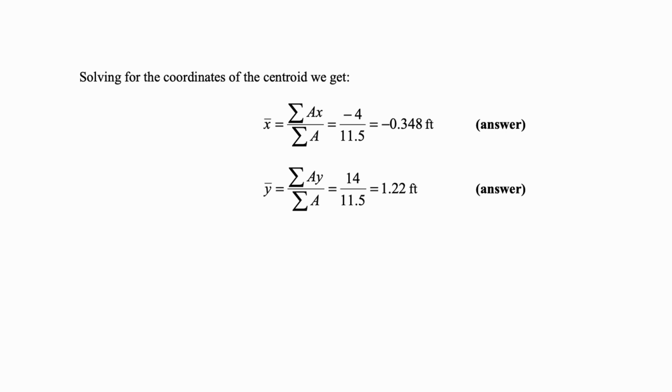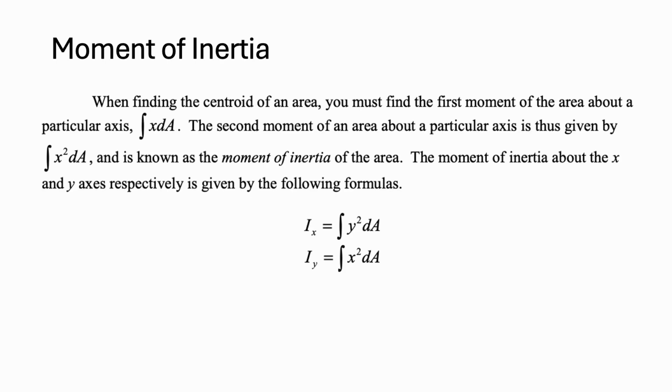For the y-axis, we have the sum of Ay divided by the sum of all areas, which is 14 divided by 11.5, and that gives the answer of 1.22 feet. The second section is moment of inertia.